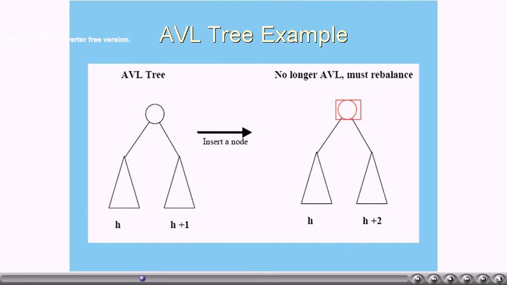In order to maintain the balance, we may have to do some operations, which we normally call rotations. We will be discussing them in the coming slides. So this type of imbalance will come into the tree, and we have to rebalance in such a way that the property of left subtree minus right subtree not being more than 1 is satisfied always.